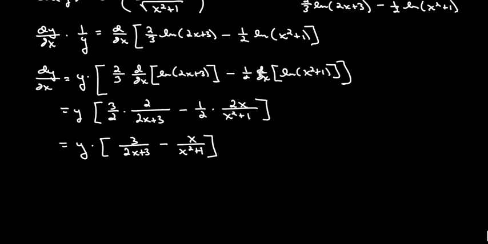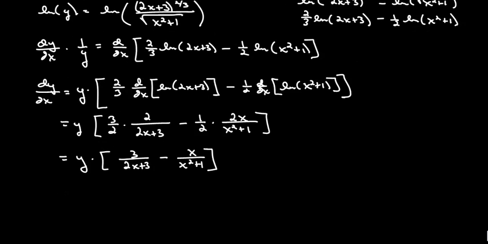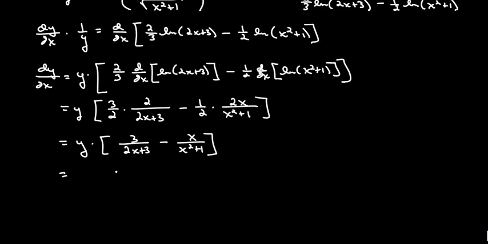Now, once I'm here, what do I want to do? Well, we can go ahead and plug what y was back in here. So this will be equal to 2x plus 3 to the 2/3 over the square root of x squared plus 1 times this guy and then times this guy.